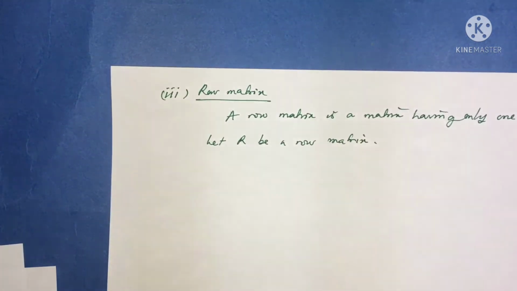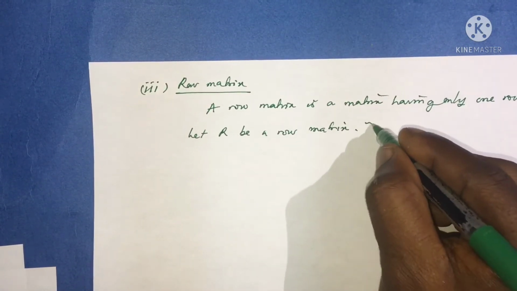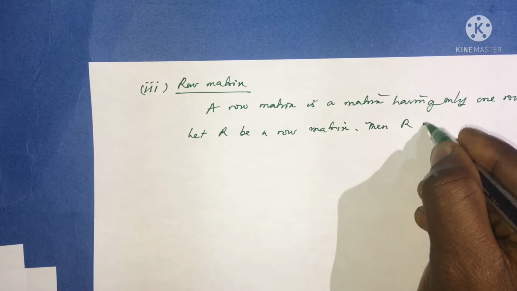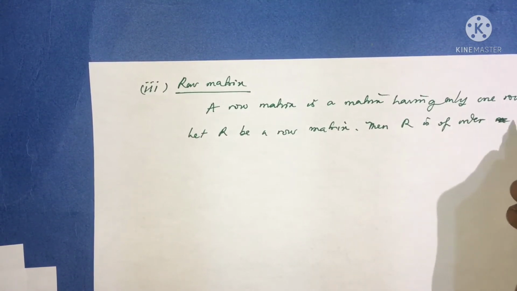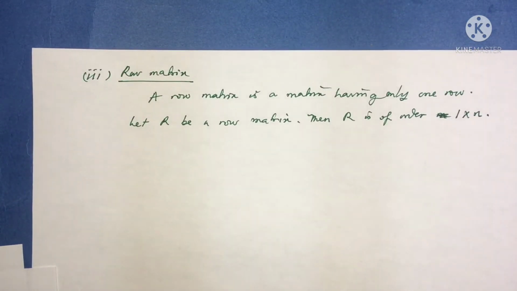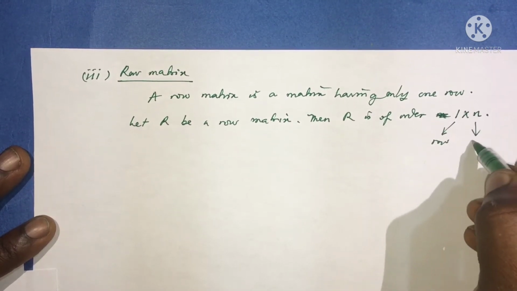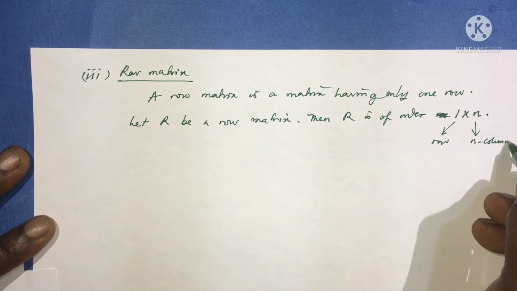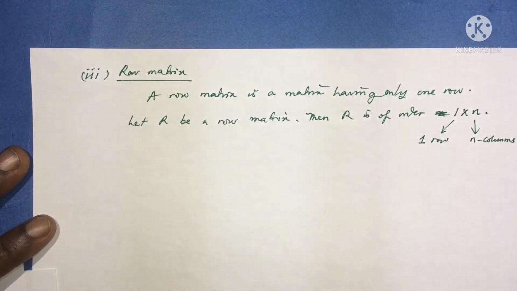I'm using the matrix R to represent a row matrix in this case. So if R is a row matrix, then R is of order 1 by n. Okay? If we call R a row matrix, then it is of order 1 by n. Why? There is one row, but n number of columns. Okay? We have just one row, but n columns.